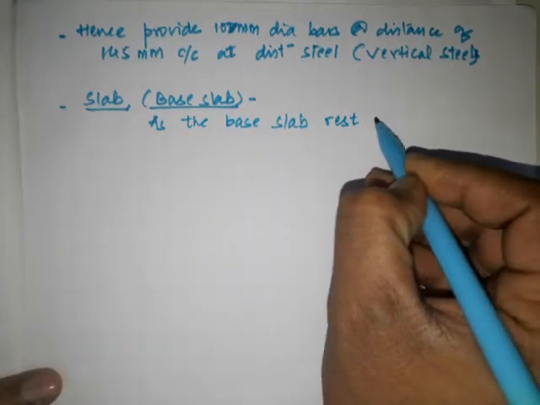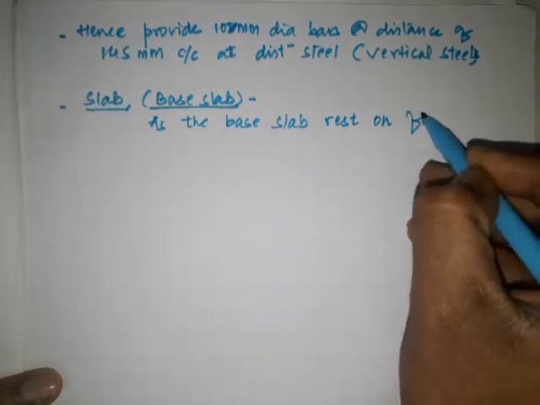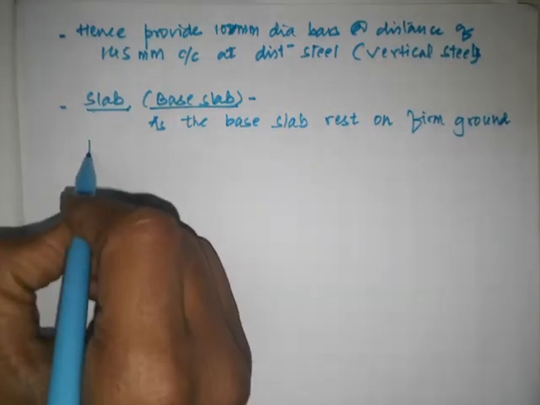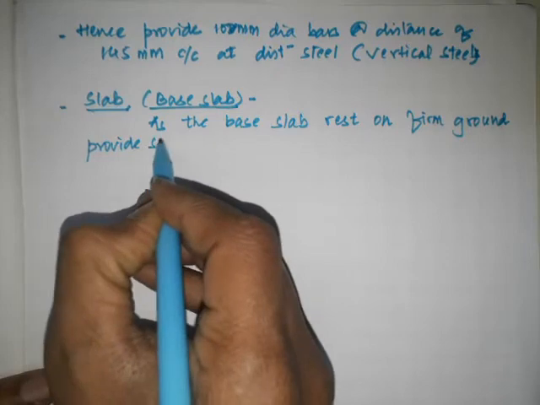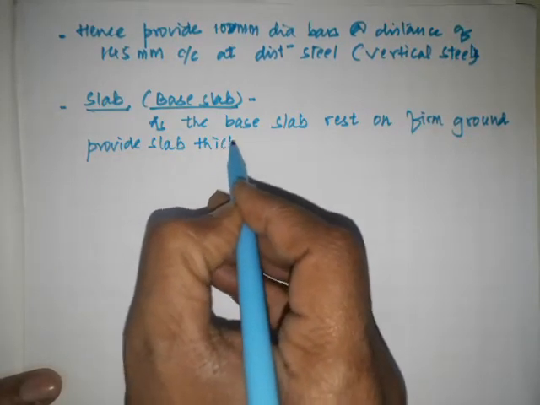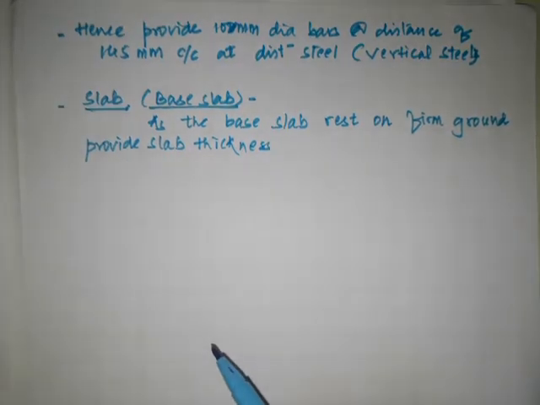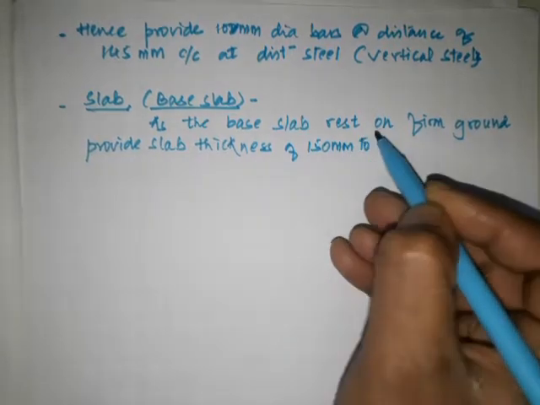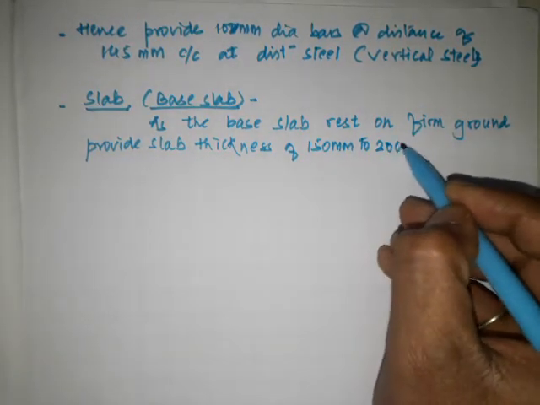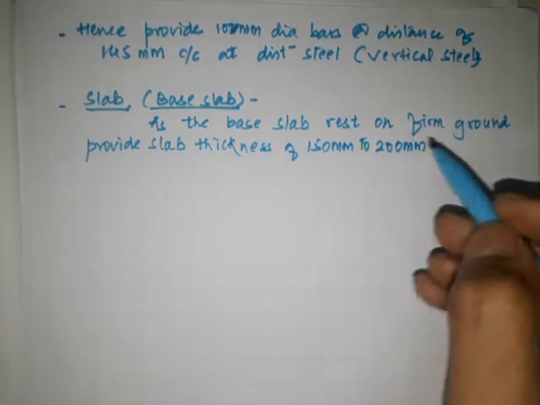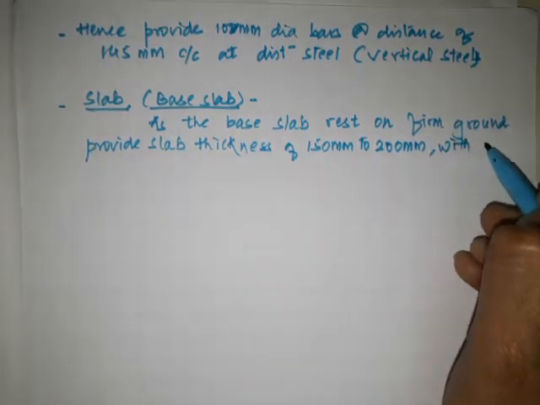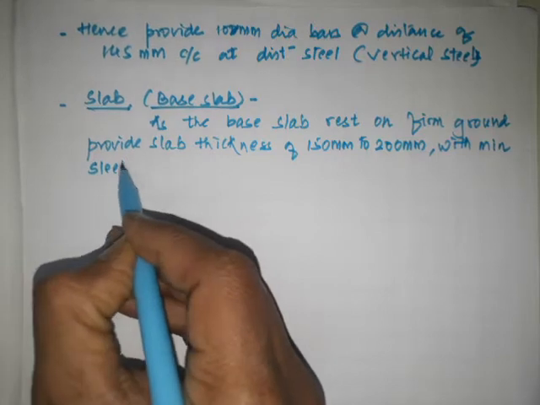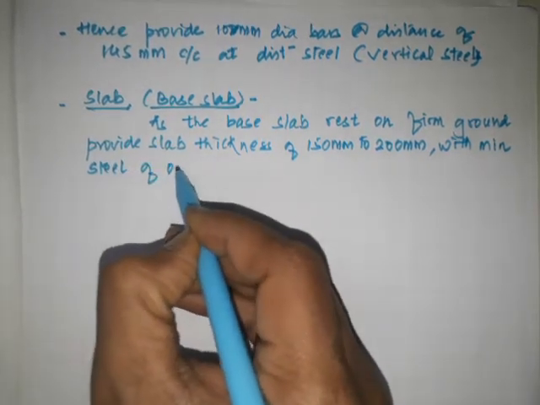As the base slab rests on firm ground, provide slab thickness of 150 mm to 200 mm with minimum steel or reinforcement of 0.3%.